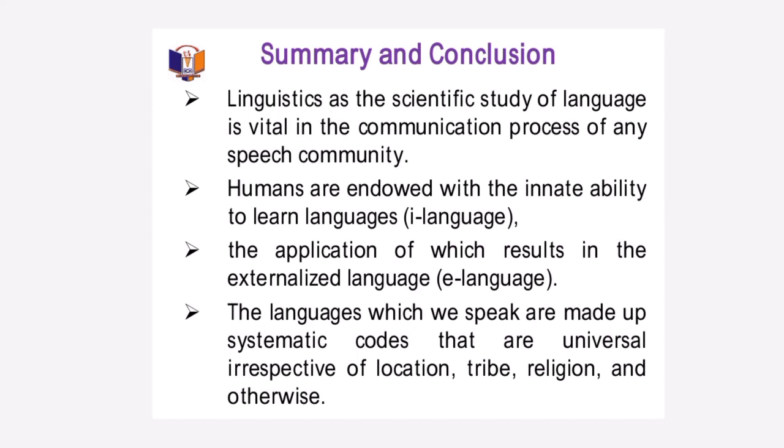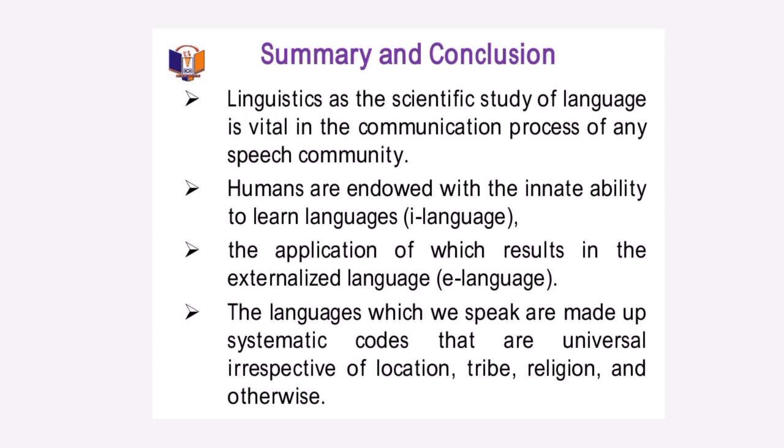And so we have the internalized language and we have the externalized language. The internalized language is the rules that we have inside of us, the rules of the language that we have deposited inside of us at birth, which is made possible by the language acquisition device.